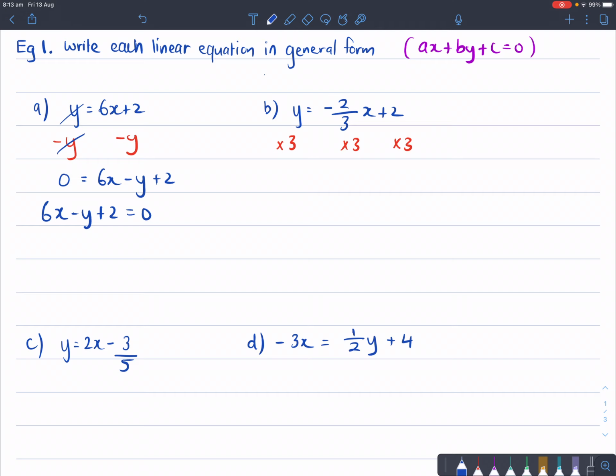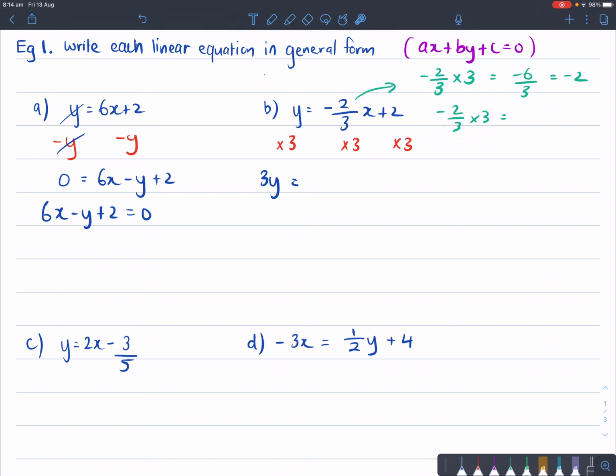That will get us 3y. Now let me show you what happens for these two things multiplied. If I have negative 2/3 times 3, I can do this two different ways. I can multiply the 3 to the negative 2 on the top, which gives me negative 6 over 3, which is simply negative 2. Or, because there's a divided by 3 and then a times 3, you can do that first.